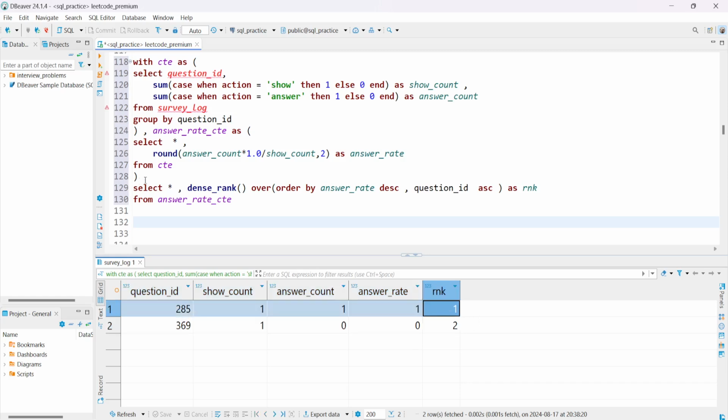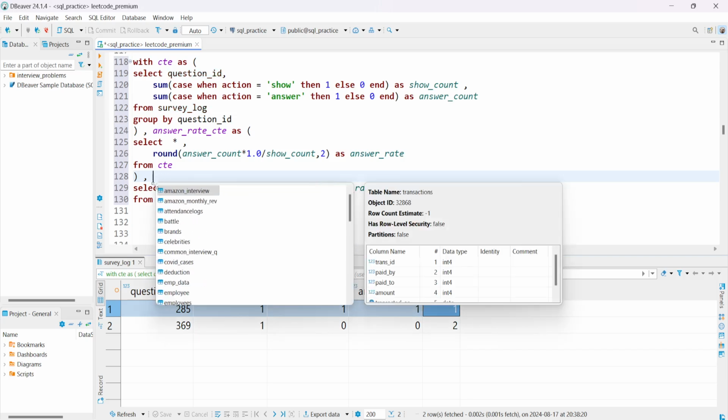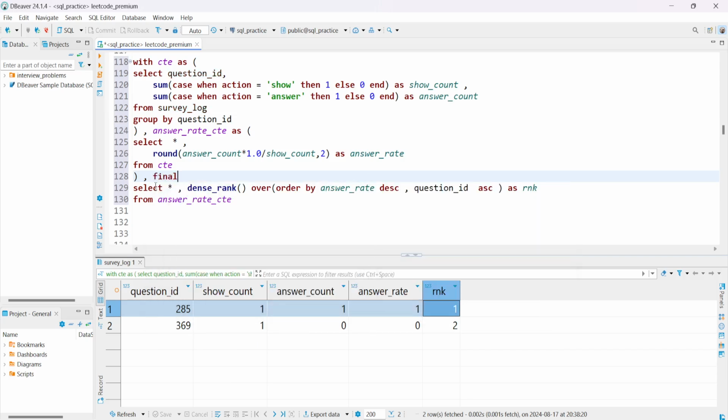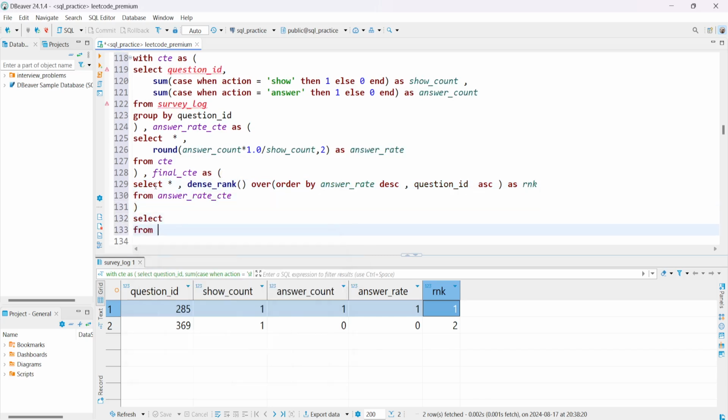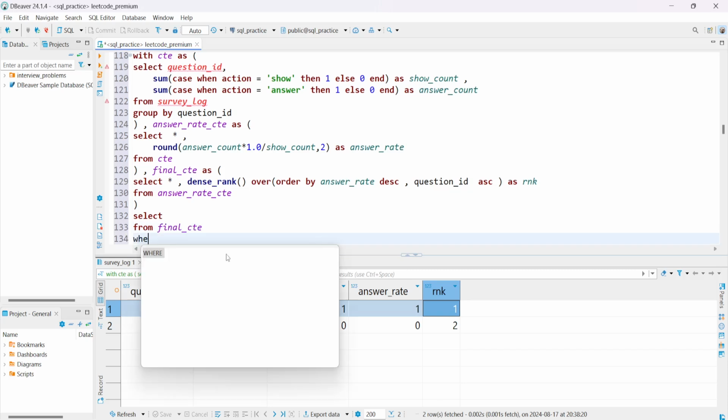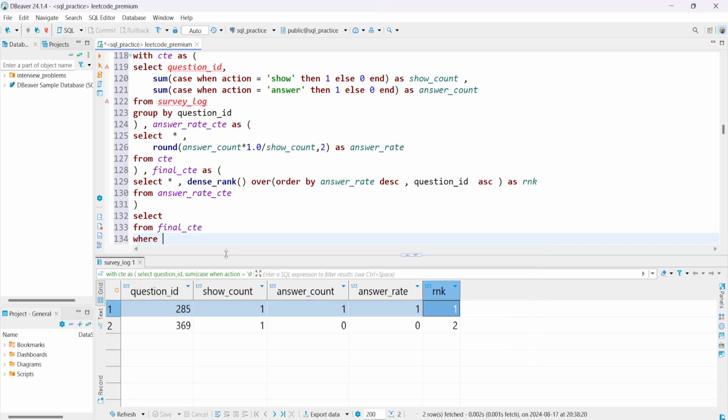Now it is simple, so we can put this in a CTE, write final CTE as, select from final CTE where RNK equal to 1, right?